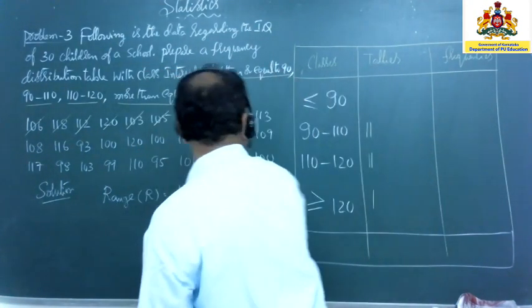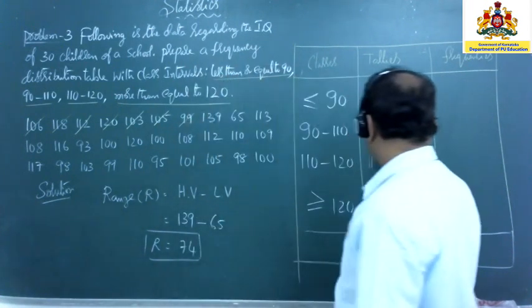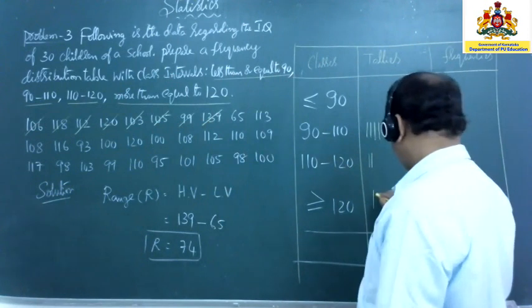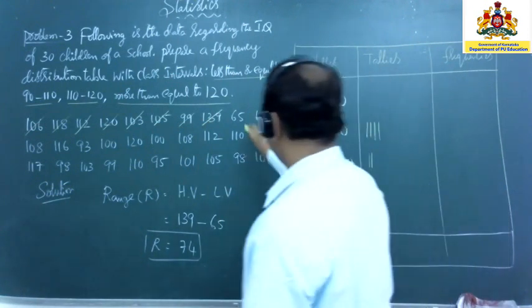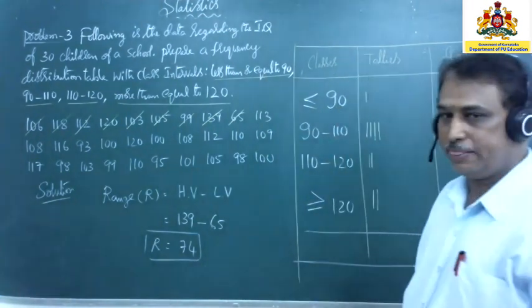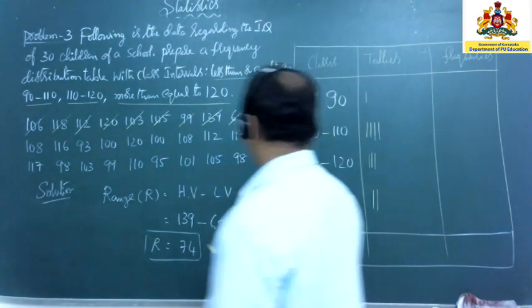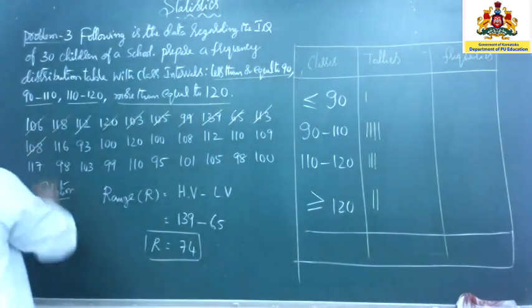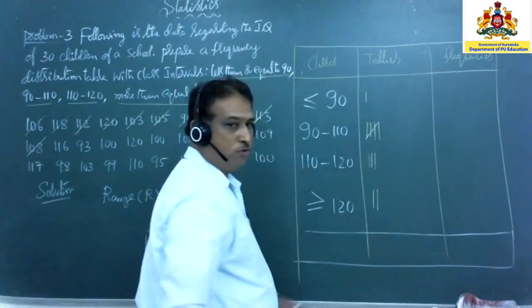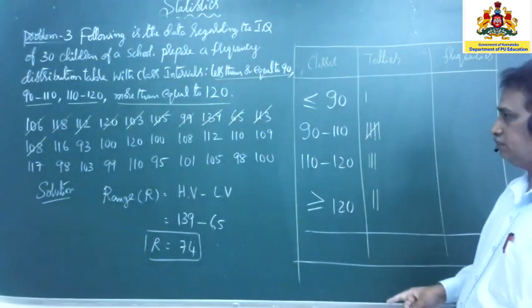Next 105. Next 99. Next 139. Next 65, below 90. Next 113. Next 108. After 4 tallies, the fifth tally you have to cross.